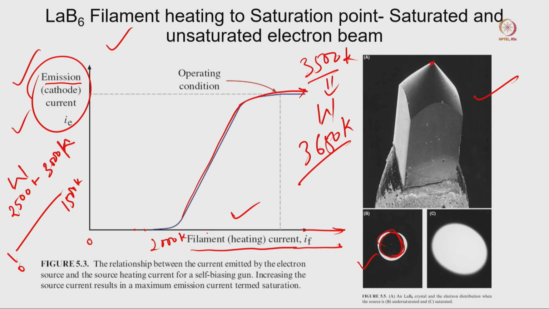So if you gradually heat and increase, here heating should be gradual, not in one go from 0 to 3000 Kelvin. Heating will always be gradual, it will increase, and that will help to heat the filament and get a proper emission current. When the filament is completely saturated, you can see this kind of electron beam in your microscope.